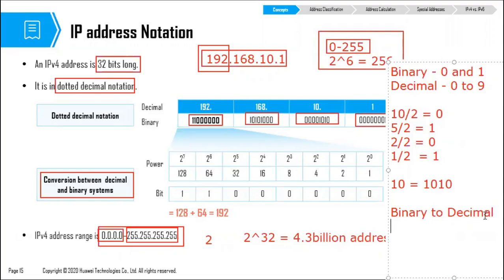Binary to decimal. So we have 1, 0, 1, 0. We want to take it back to 10. Are you together? So normally, each position of the binary has a value. The very first position is position number what?